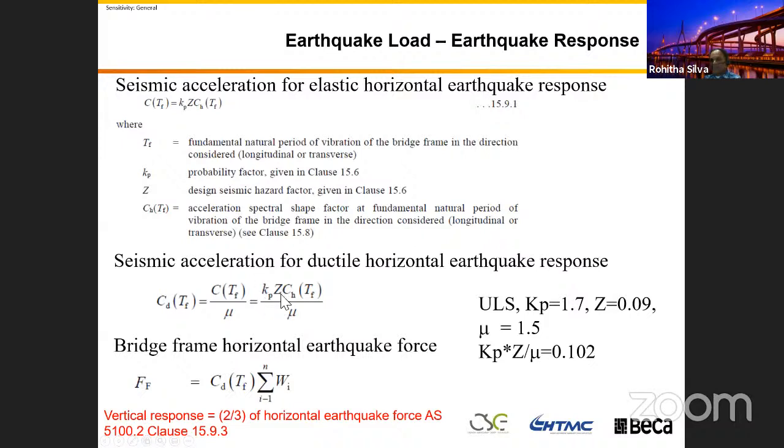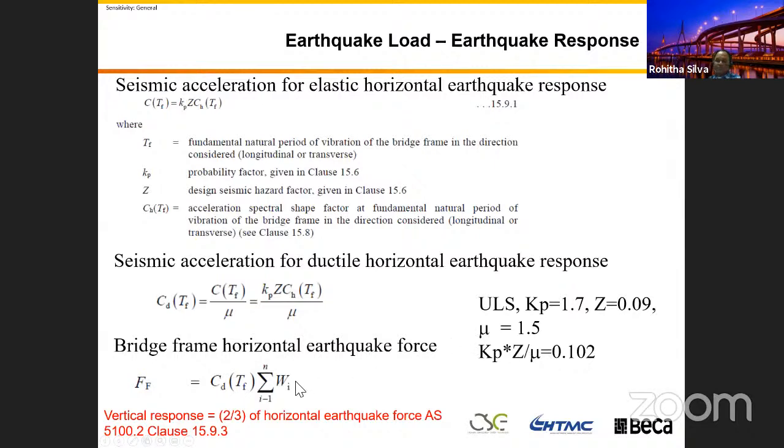For a normal, simply supported bridge, the ductility factor is 1.5. If you convert this, Kp Z over mu, that value when simplified is 0.1, or 10% of the gravitational force.